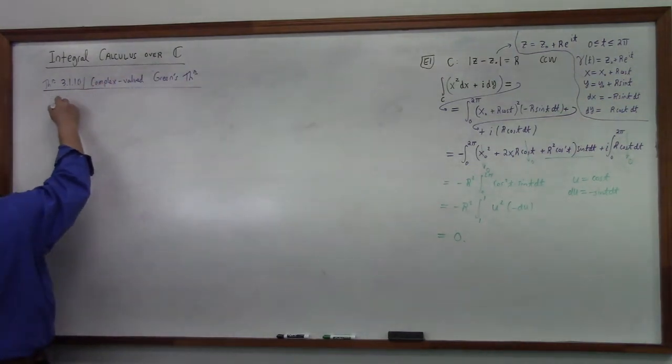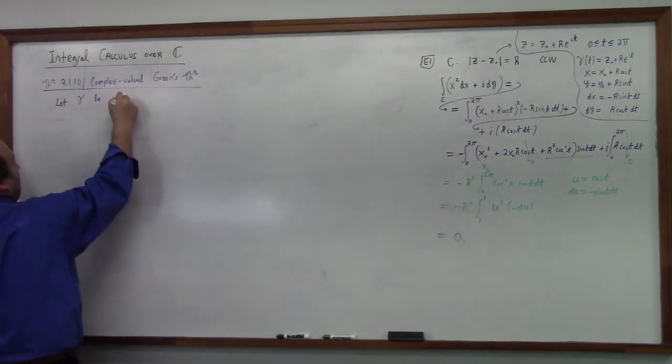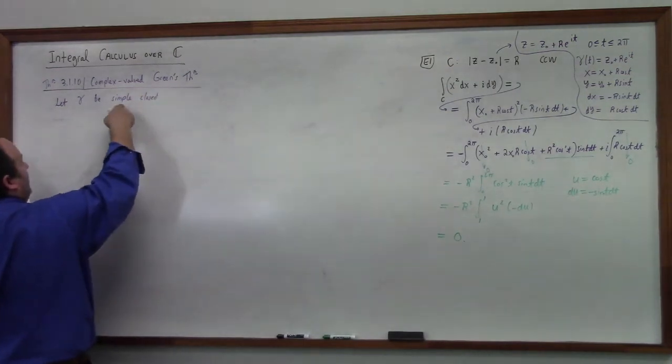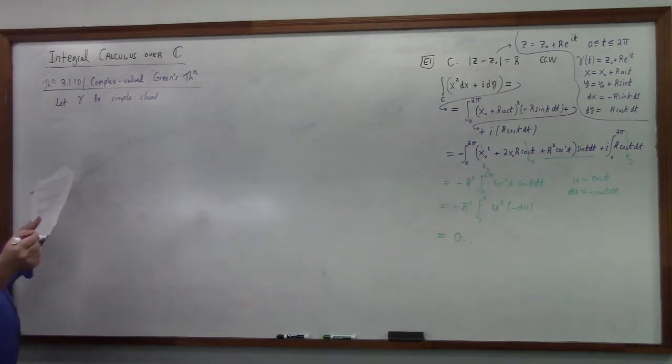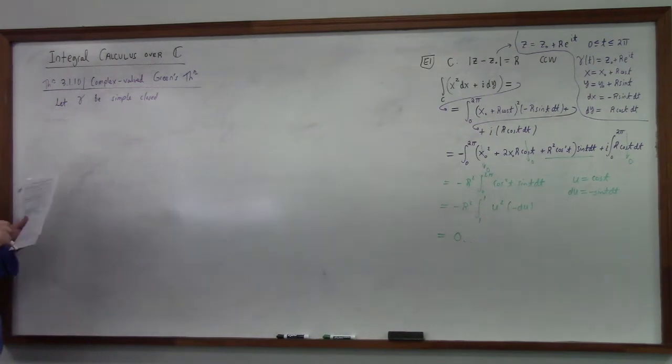So let gamma be simple, which means non-intersecting before the endpoints, okay? Closed means that the terminal points of the curve, the beginning and the ending points, are the same point.